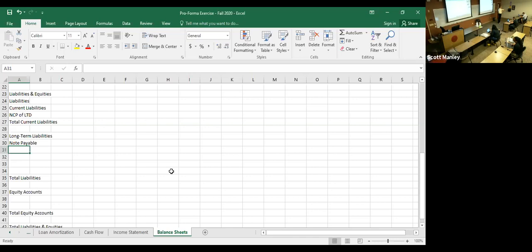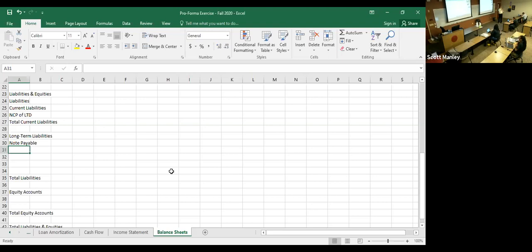In other words, we have to account for our current portion. Because the note payable is going to be the total amount that we borrow. The net current portion is going to be the amount that we pay back in the next 12 months.